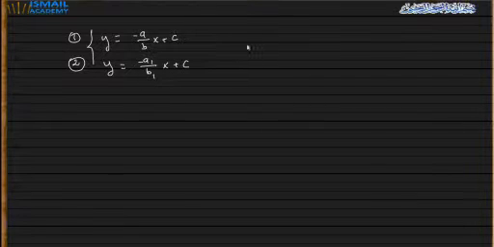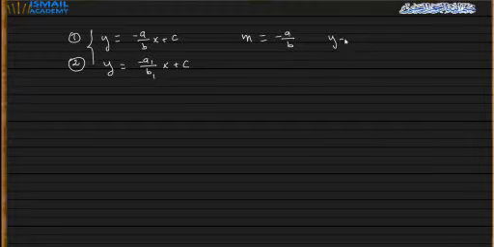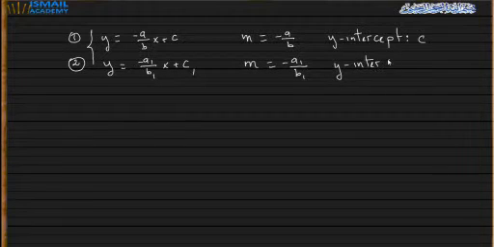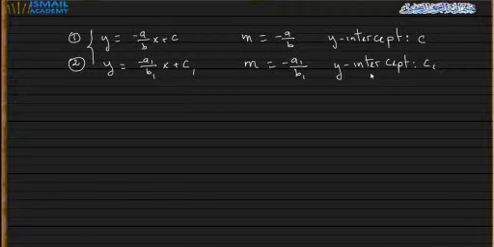As you see, the slope of the first equation is minus a over b, and the y-intercept is c over b. The slope of the second equation is minus a1 over b1, and the y-intercept is c1 over b1.